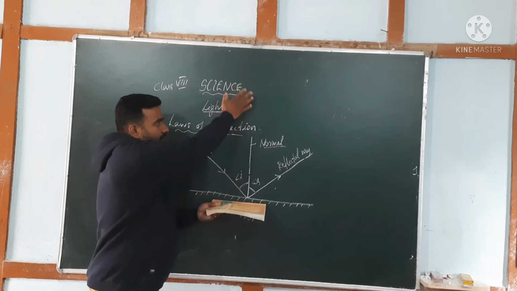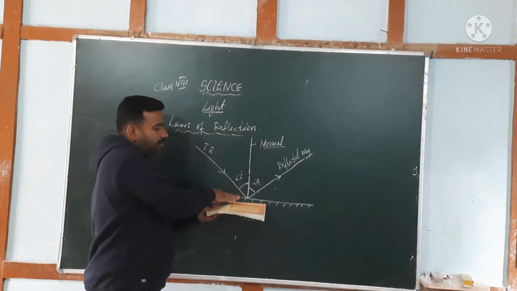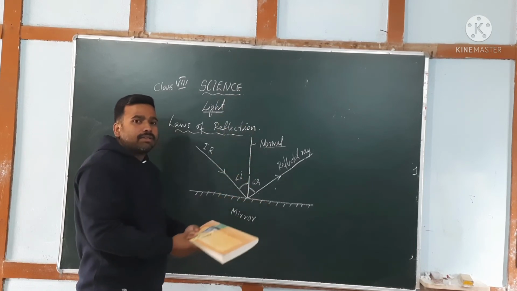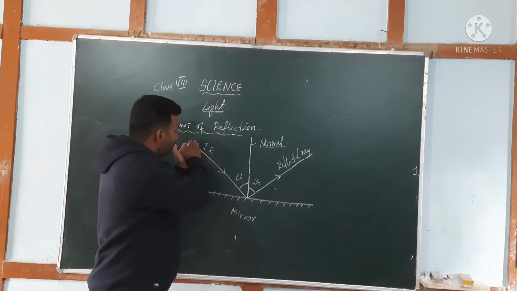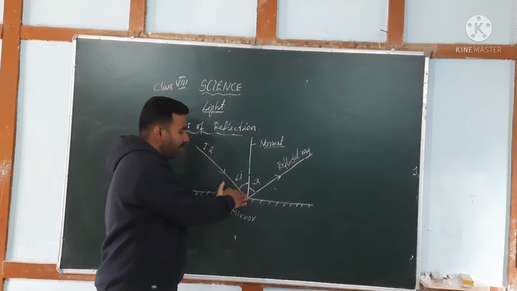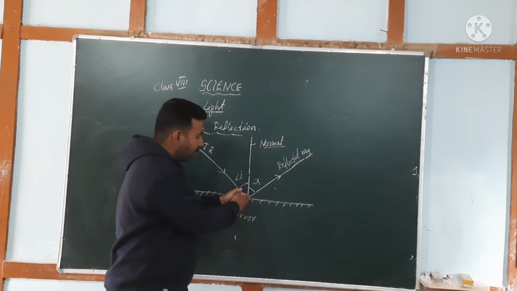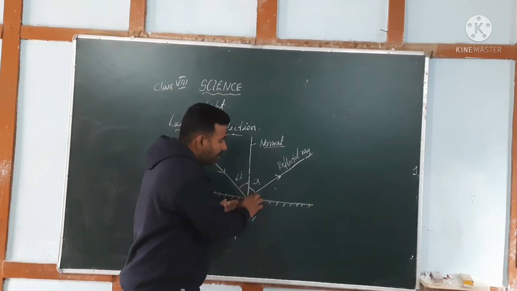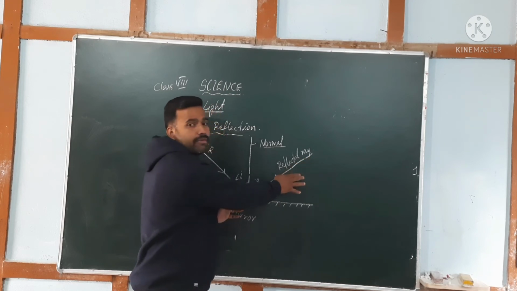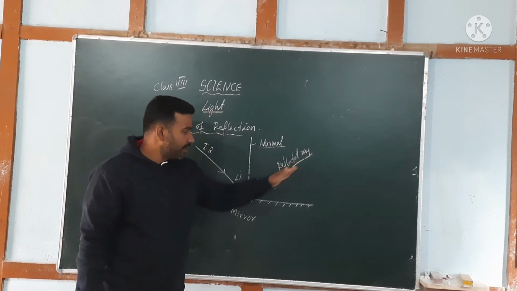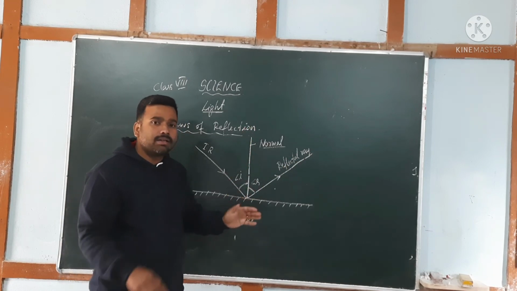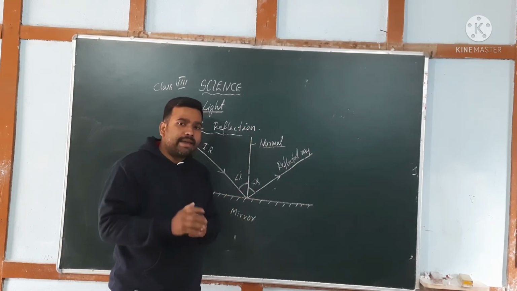If the ray of light is tracing along this particular plane, then upon striking the mirror, the ray of light will be tracing along the surface of the board. That means the incident ray, the reflected ray and the normal all lie on the same plane.